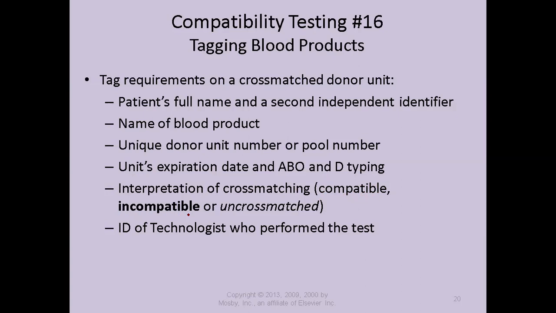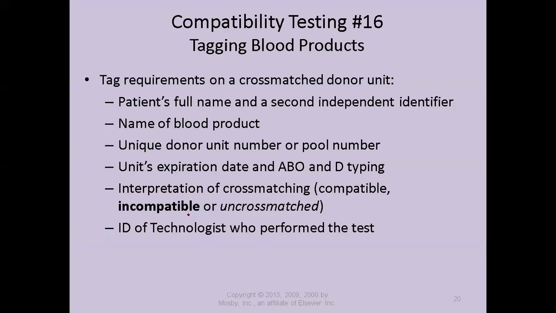Maybe they have anti-Duffy B, maybe they have anti-Big E, maybe they have anti-JKA, and we can't find a unit that is antigen negative for all 3 of those. Maybe we can find a unit that doesn't have E antigen or Duffy B, but we can't find one that doesn't also have the JKB. I'm just making this up. We might have to give an incompatible unit in this case, but the physician would have to sign off on it if it's an emergency situation.